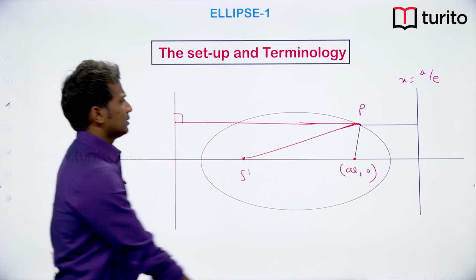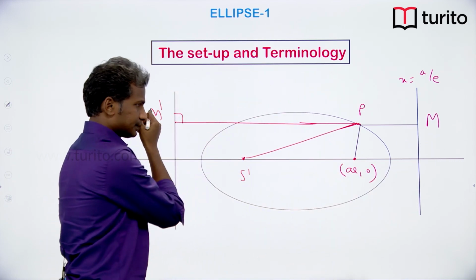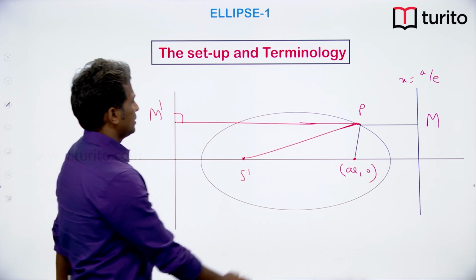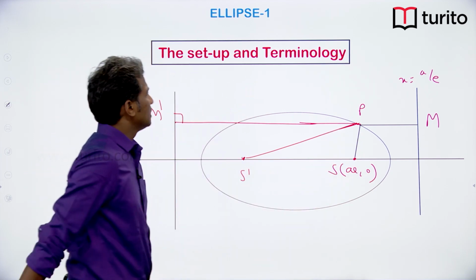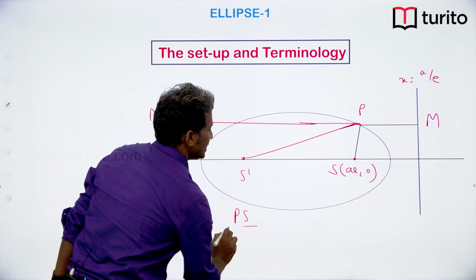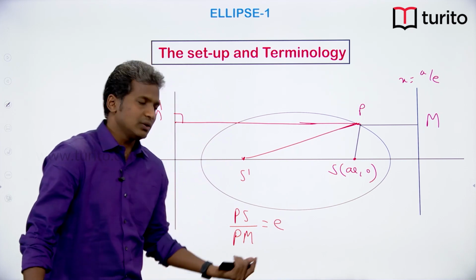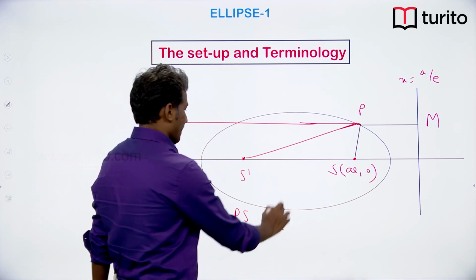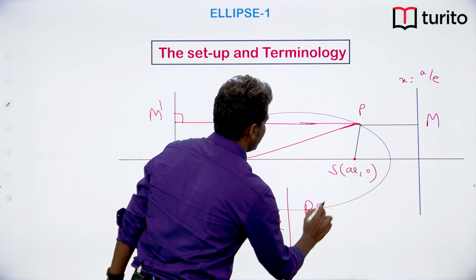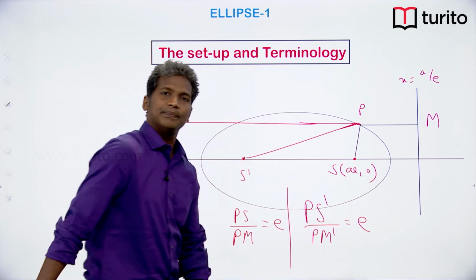Let us name these points as M and M dash, and this point is S. If I take this ratio PS by PM, it must be equal to E. We already know this because this is the definition. And also PS dash by PM dash must also be E.